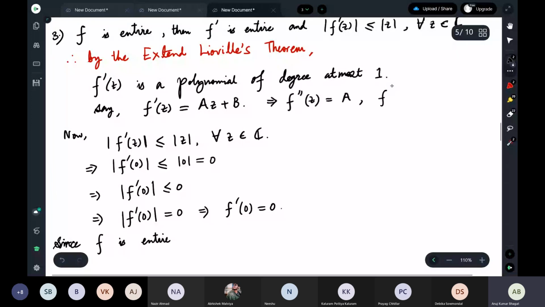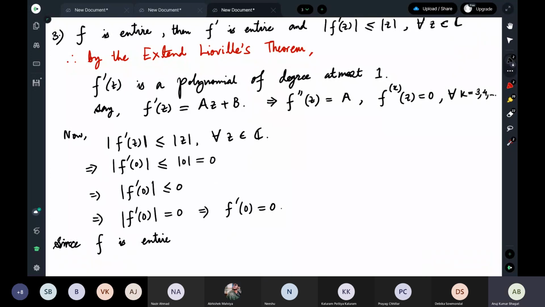So f^(k) of z is 0 for all k starting from 3, right? Do you agree? Yes. So this will also mean that this is true for every z, so it is indeed true for 0.